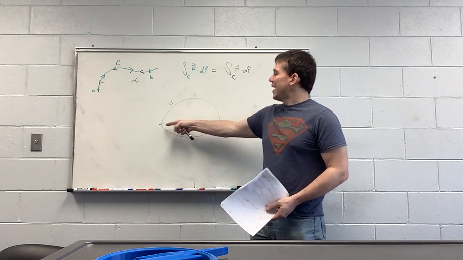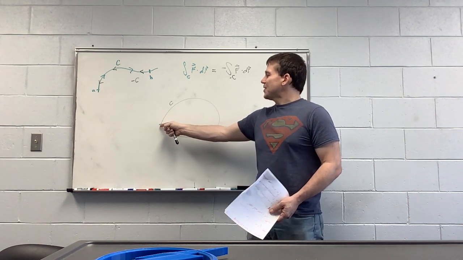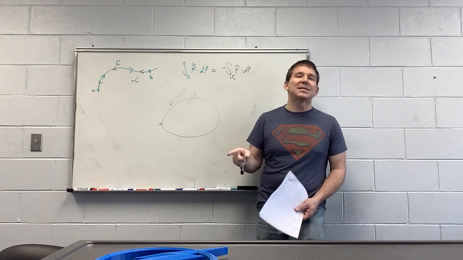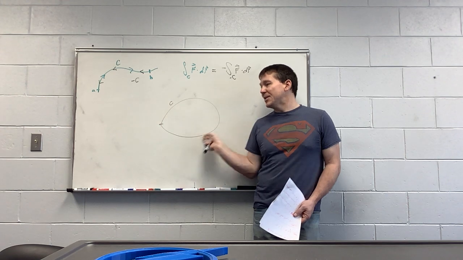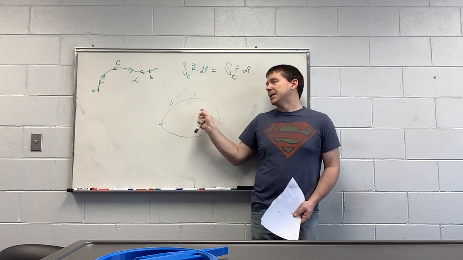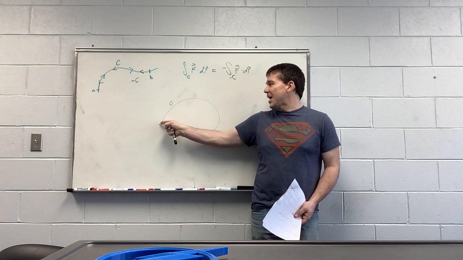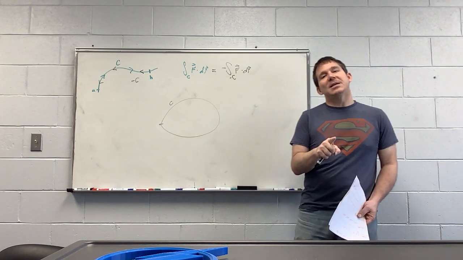Here, for this lemma, I would have to start here, go all the way around to here, then if I turned around and changed direction and went back, I would get the negative of what I started with. Which means going all the way around, then turning around and going back will give me 0, but just starting here and going around and ending at the same point does not necessarily give me 0.